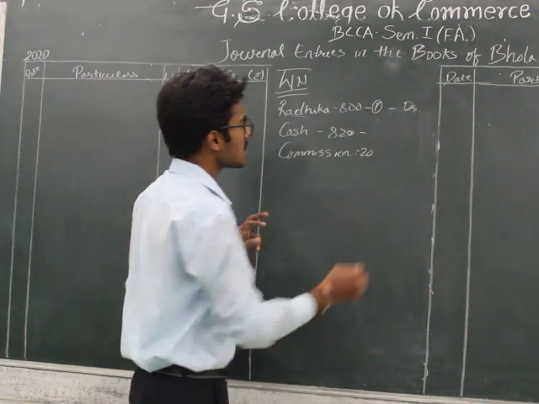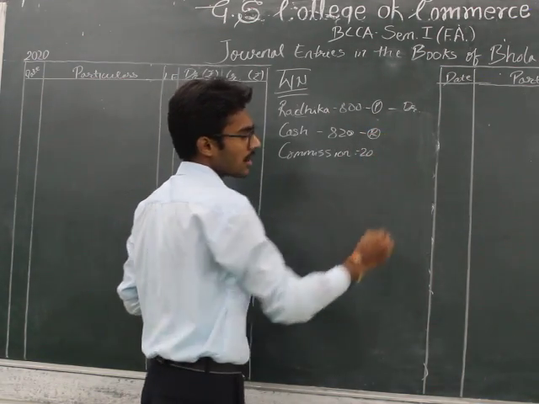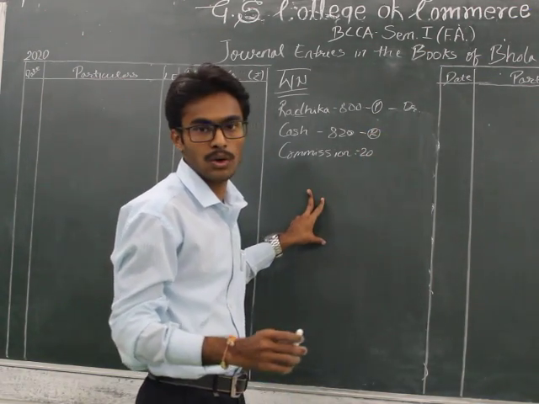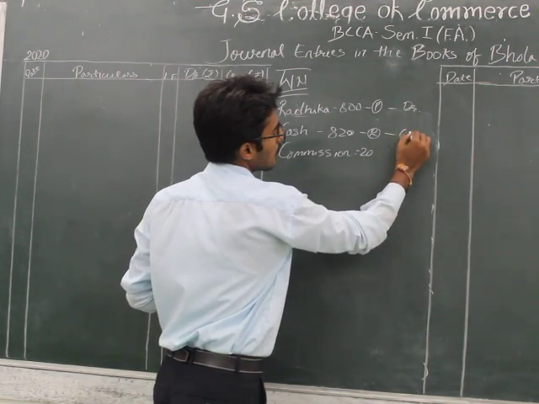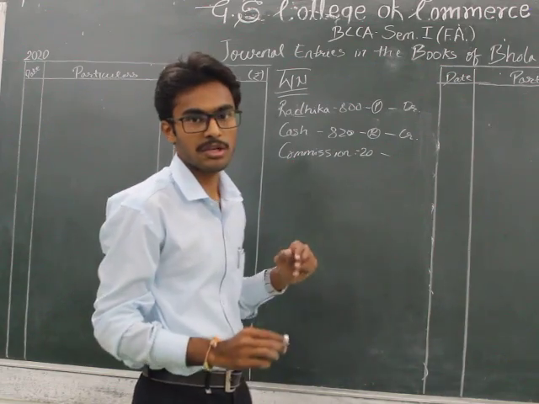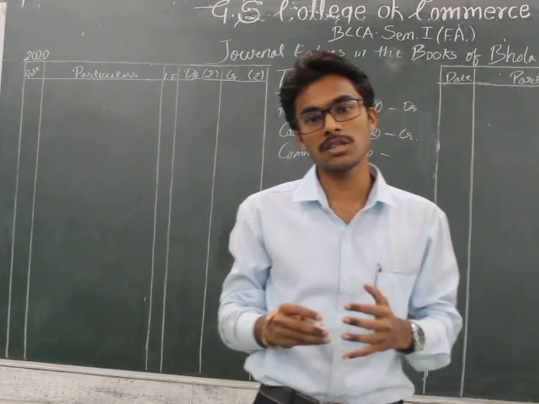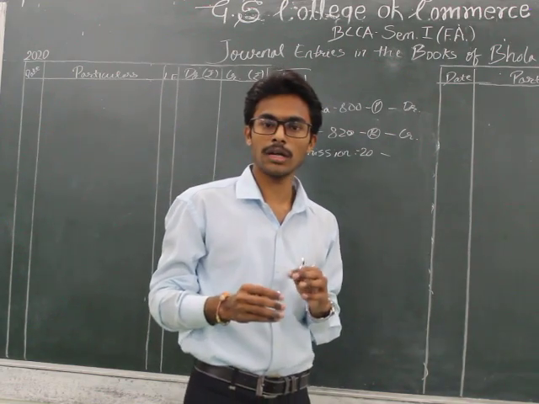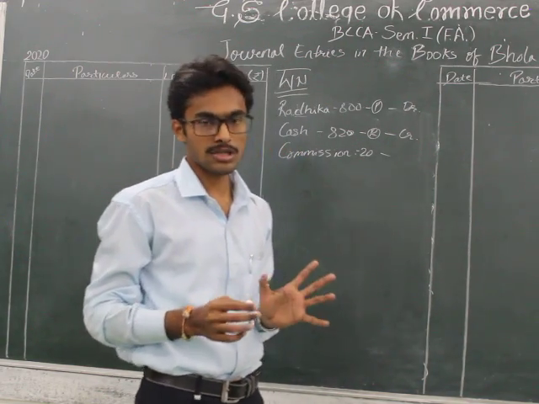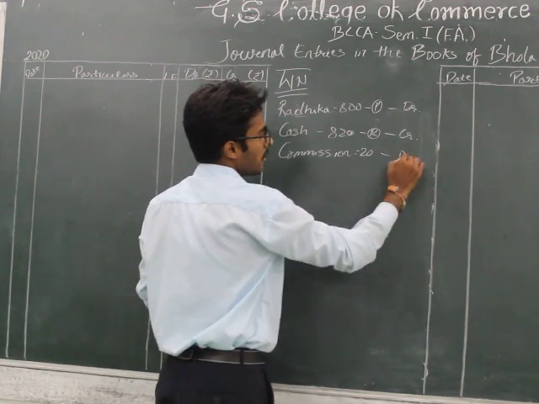Cash is again a real account, a very common account. Cash account will be credited. Why? Because cash is going out. And last, commission. Commission is our expense. Expense is covered under the nominal account, and the golden rule for nominal account is debit all expenses and losses. So commission will be debited.